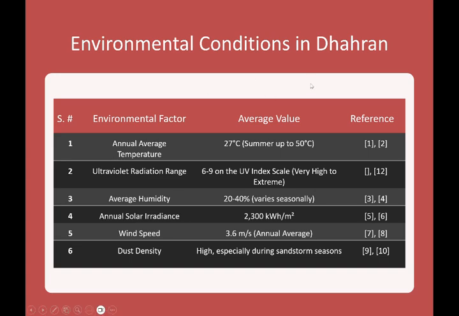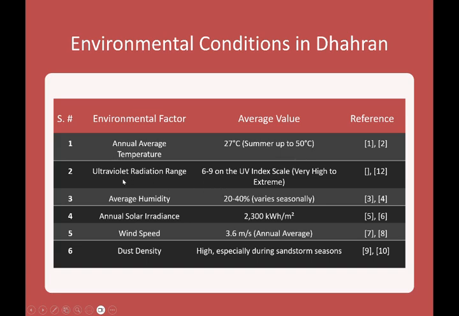So here are the environmental conditions of Dharan, because we took the Dharan site, which is 13 years old. So we took the samples from there and analyzed the conditions. In summer, the annual average temperature is 27 degrees, and in summers it increases above 50.